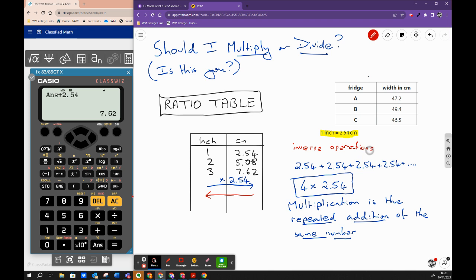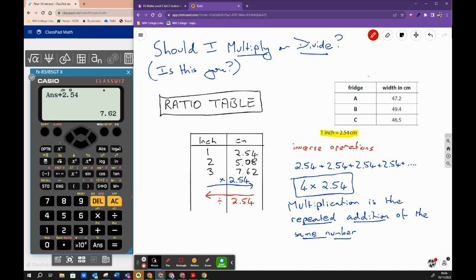And the inverse of multiplying is dividing. Multiplied by 2.54, the inverse operation to get back to where I started is divide by 2.54.